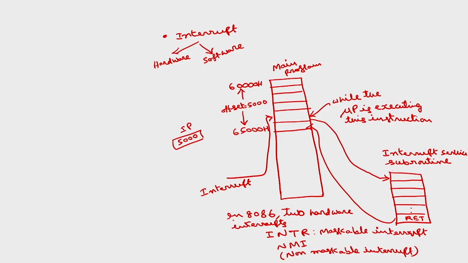Even then, NMI can be used to interrupt the microprocessor and force it to execute the interrupt service subroutine. That is the difference between maskable and non-maskable. Maskable means it can be disabled, and NMI means it cannot be disabled.